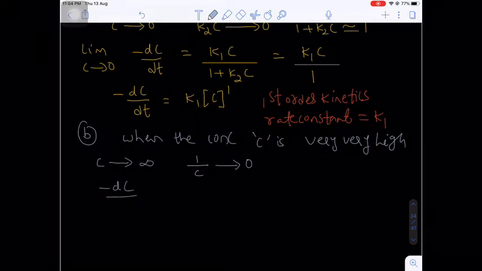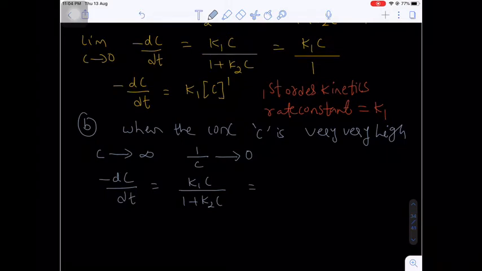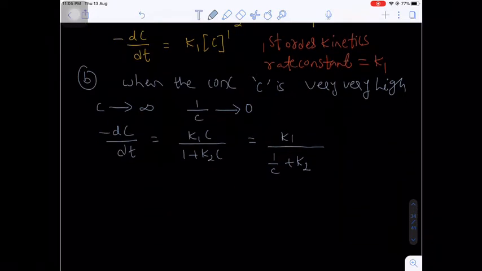Now I write minus dC by dt equal to K1 into C upon 1 plus K2 into C. Now here I write K1 upon 1 by C plus K2. If you take the LCM in the denominator as C, you get 1 plus K2C, and the C goes to the numerator, so you finally get K1 into C by 1 plus K2 into C.